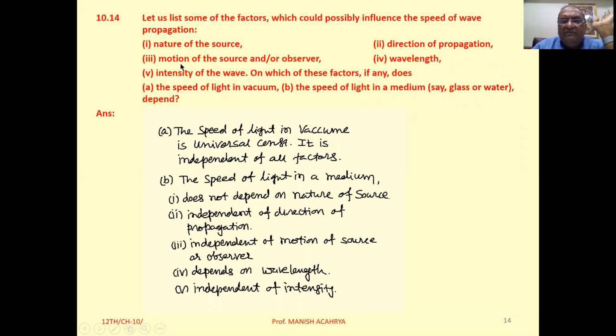Third, motion of source and or observer, it is independent of it. Fourth, wavelength, yes, the speed of light in the medium depends on the wavelength. Then intensity, it is independent of intensity.